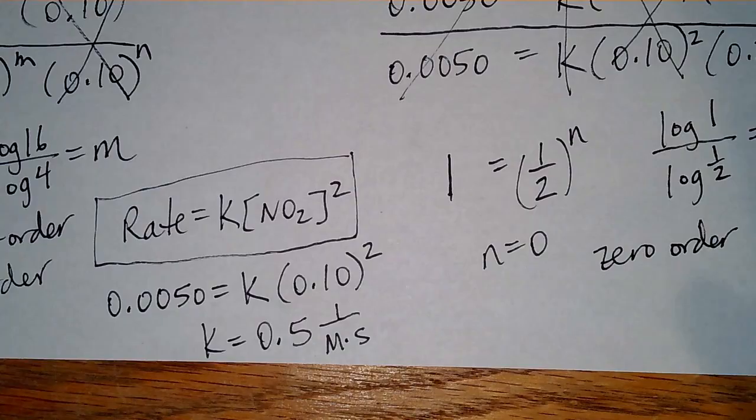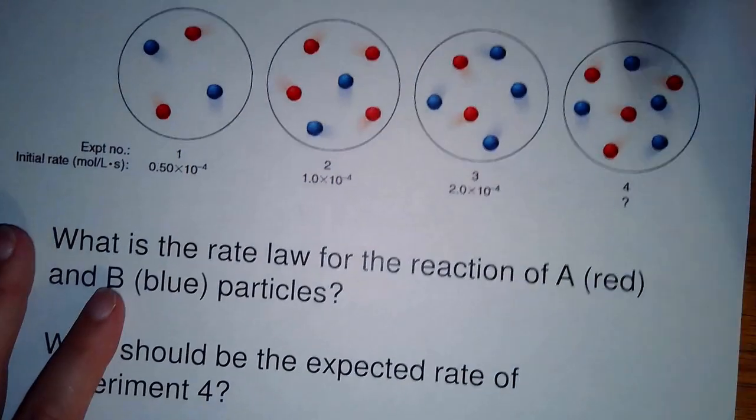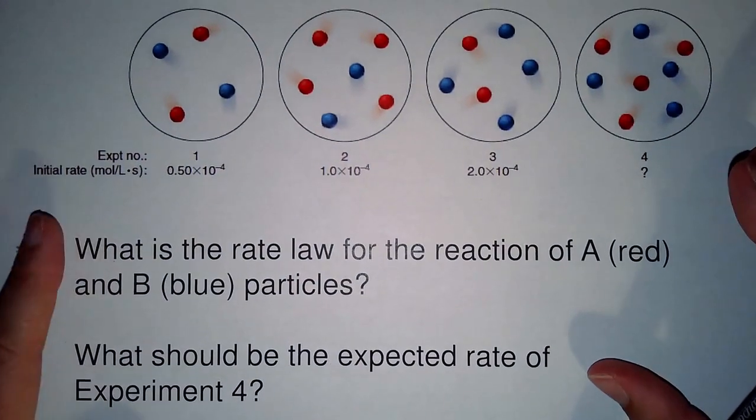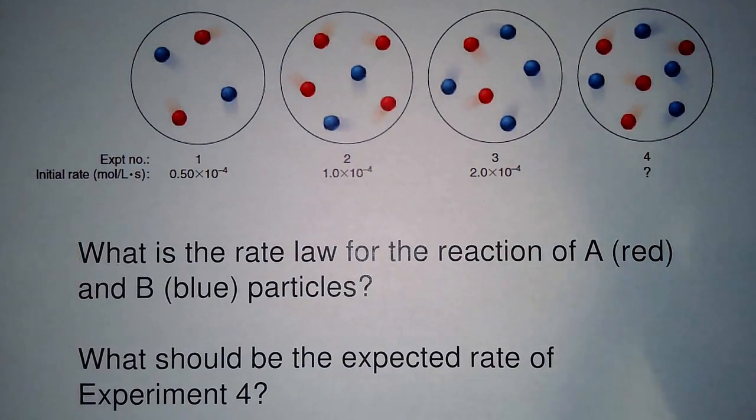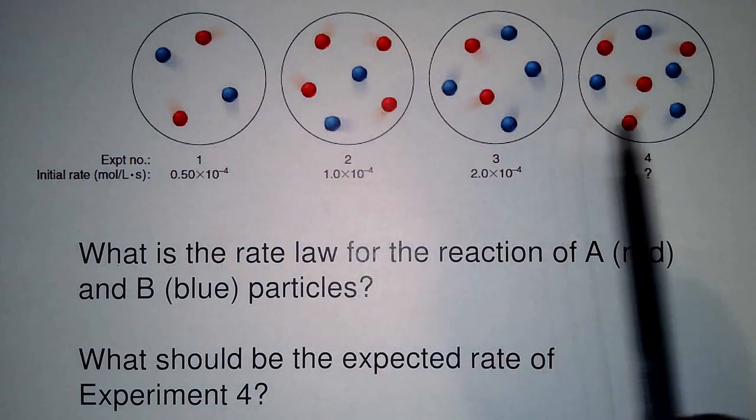Alright, the last one we're going to look at in this video uses pictures to tell us the same thing about rate information. Instead of having a table that tells us concentrations and rate values, we have pictures. So these circles represent 4 different experiments where we're altering our 2 reactant values.